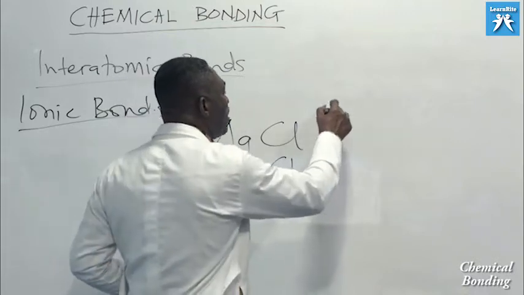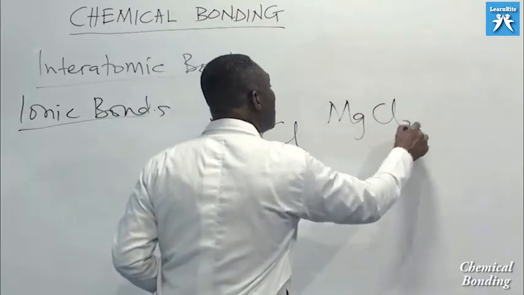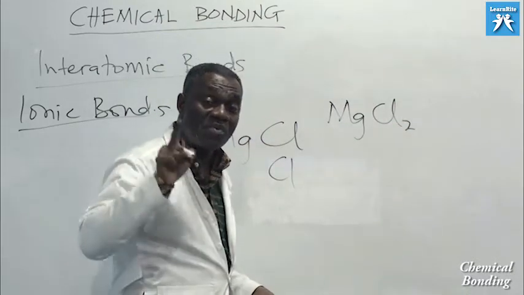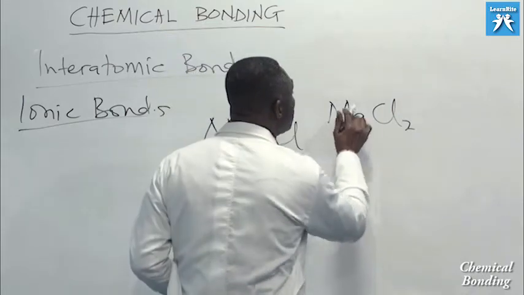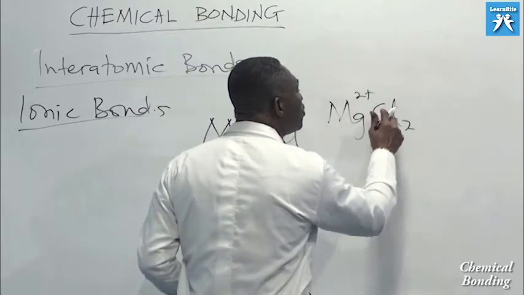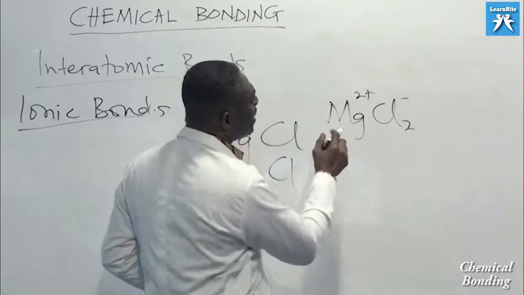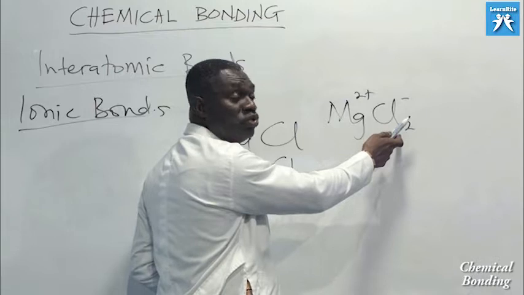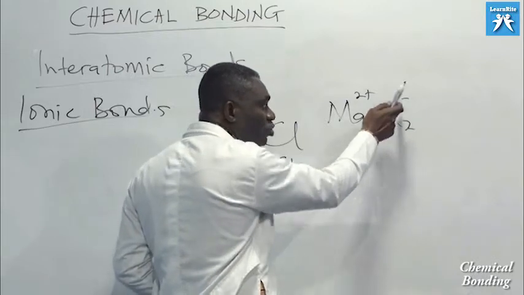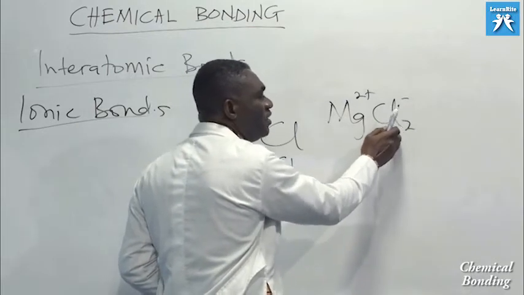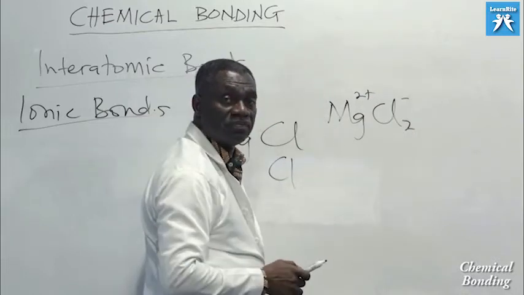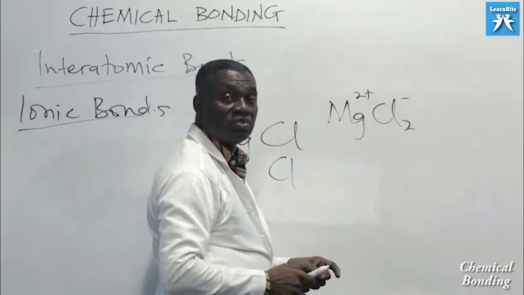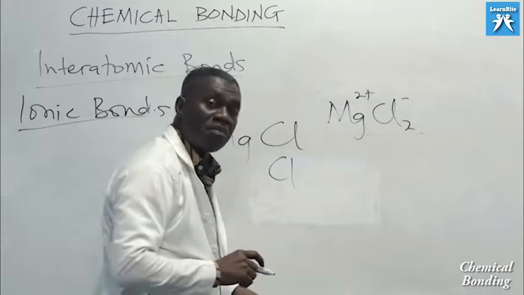It will have to be magnesium chloride, where, when I'm writing it in actual science, magnesium would have lost 2 electrons and each of these chlorines would have gained 1 electron. So don't say, why is this +2 and this is -1? No, there are 2 of these there. So the negative charge here too is -2, and that balances the +2. So that is the actual formula of magnesium chloride.